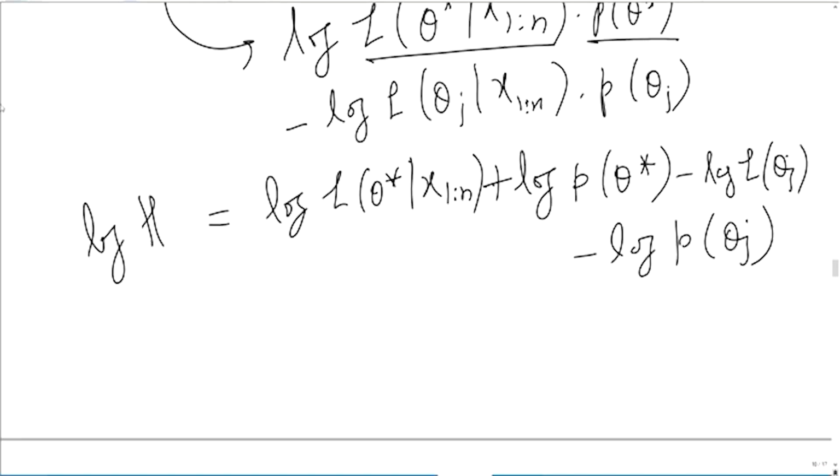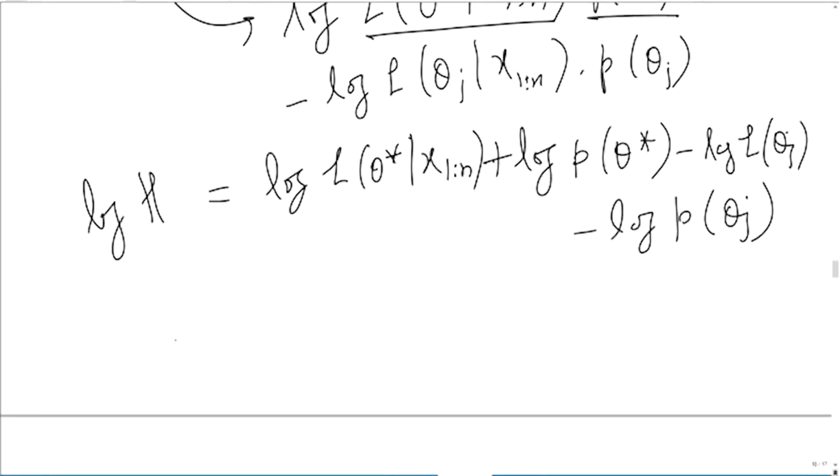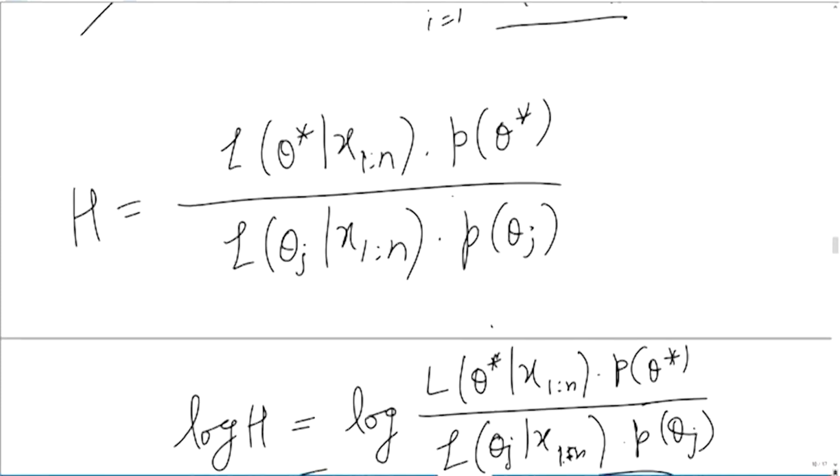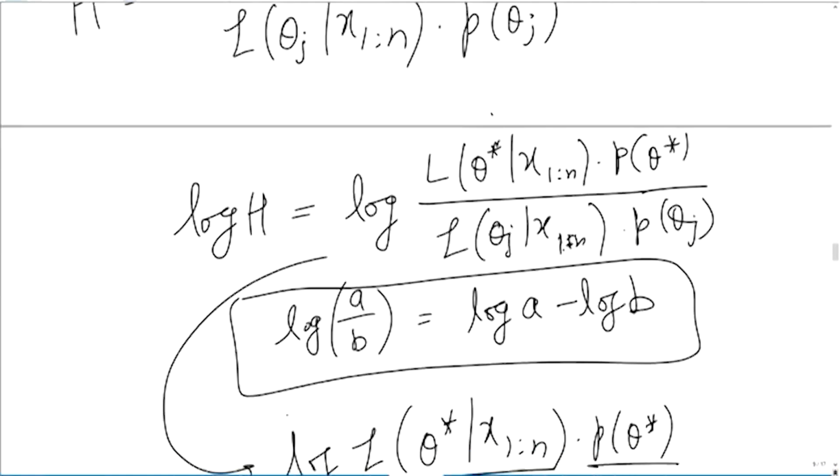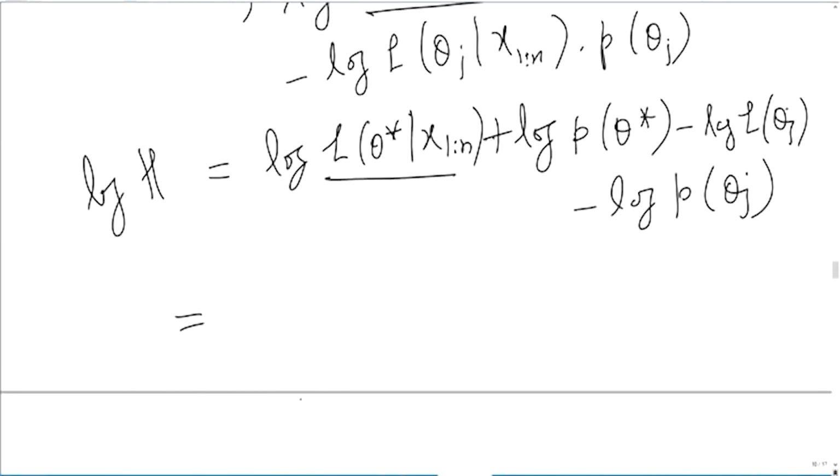But why does this help us? What does it solve? What is joint likelihood? You have the formula of joint likelihood here. Joint likelihood is the product of all these individual likelihoods. Let us substitute that in this new formula.